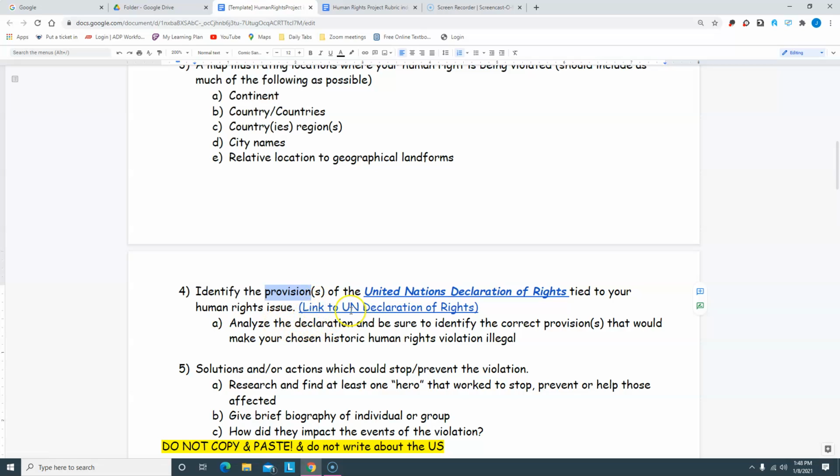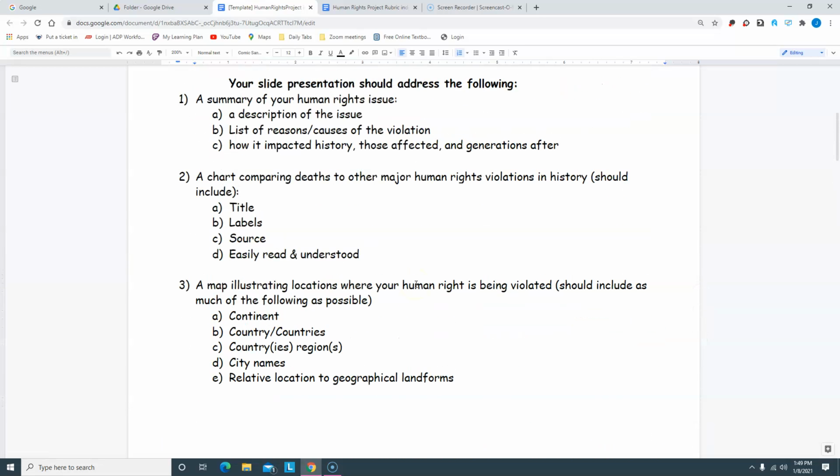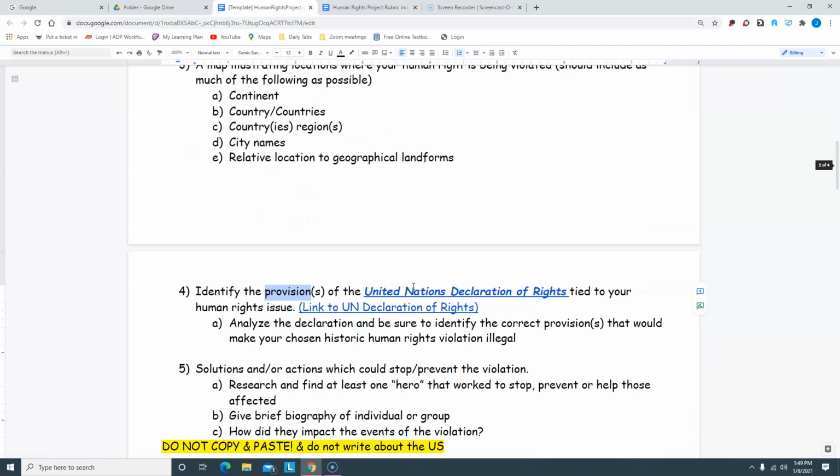What you're going to do is analyze these Declaration of Rights, and find one or two that link to your chosen topic. So sticking with our example of the Holocaust, you're going to click on this link, find two of these provisions or laws that clearly link to the Holocaust.